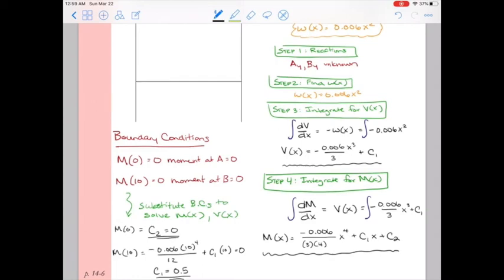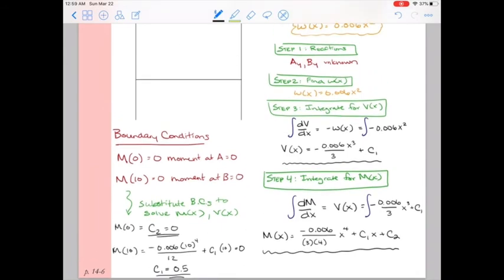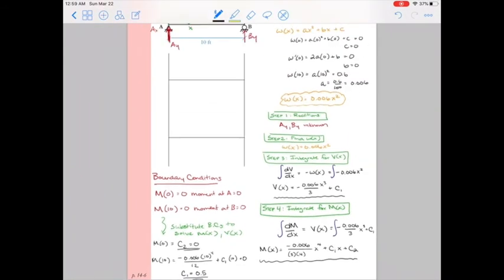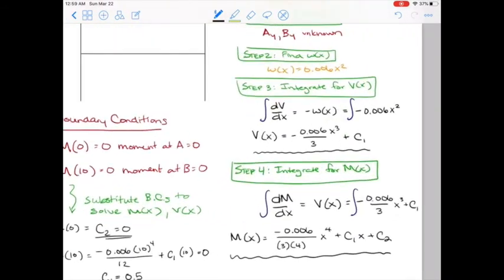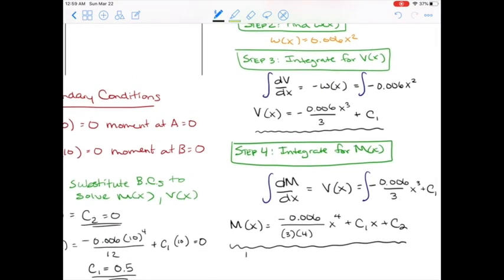And so now that I have these two integration constants defined, I can go ahead and write final equations for both my shear and my moment, because now I know what these constants are. So let me go ahead and do that.